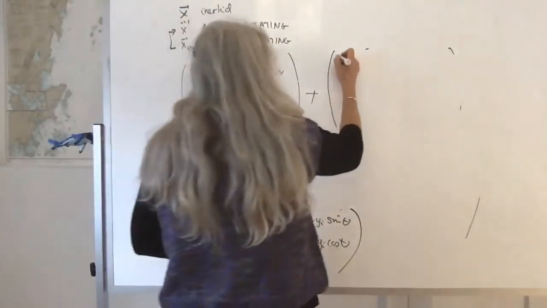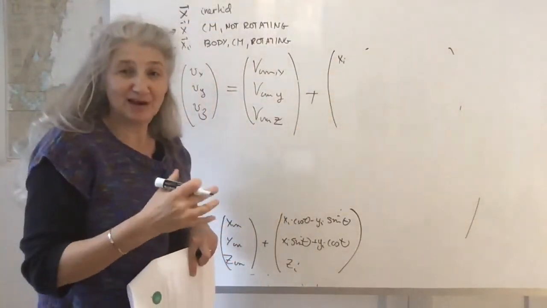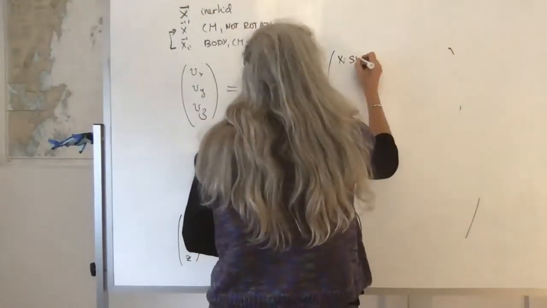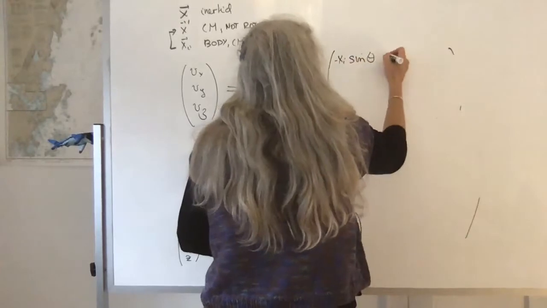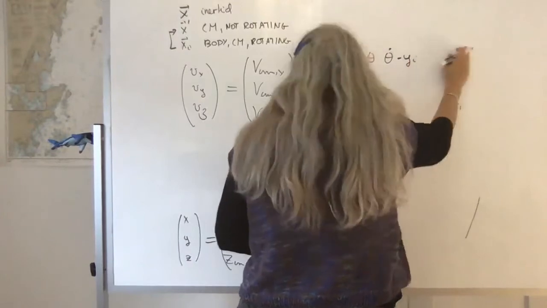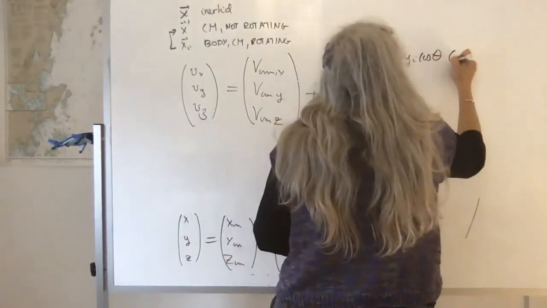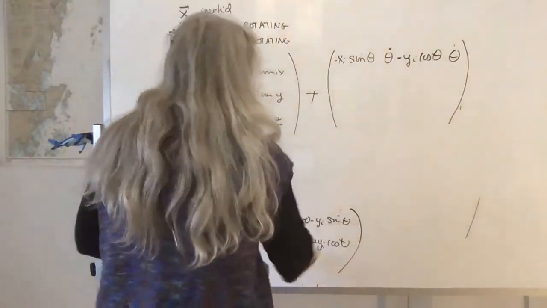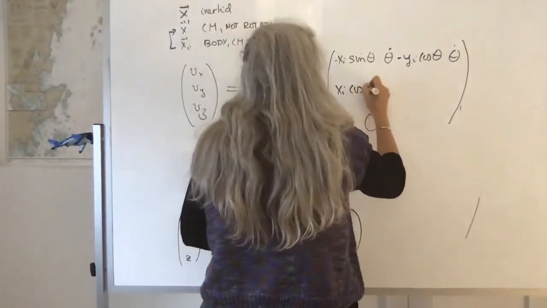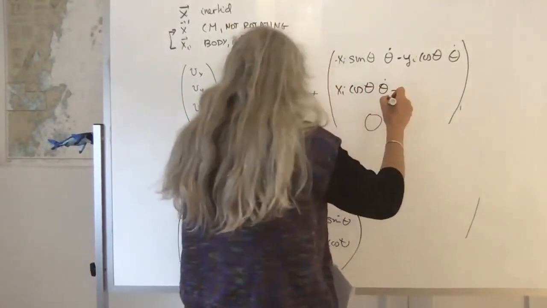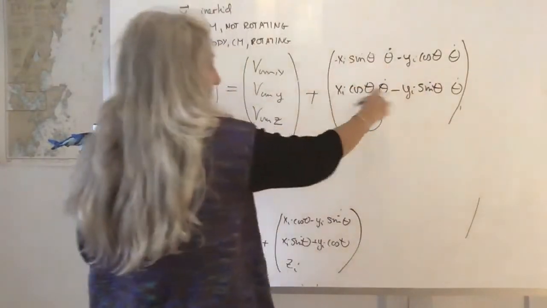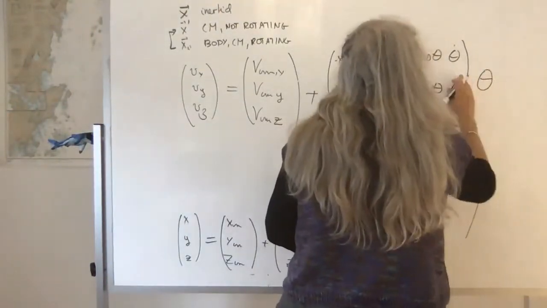Now I need to take the time derivative of this thing. xi is in the body frame, and we're assuming it's a rigid body, so the points in the body are not moving. So this is time independent. Cosine goes to minus sine, times theta dot. And now we have minus yi, sine goes to cosine when I take the derivative, times theta dot. So I have xi, sine goes to cosine, theta dot, minus yi sine theta dot. Everything here is multiplied by theta dot, so I can take the theta dot out.